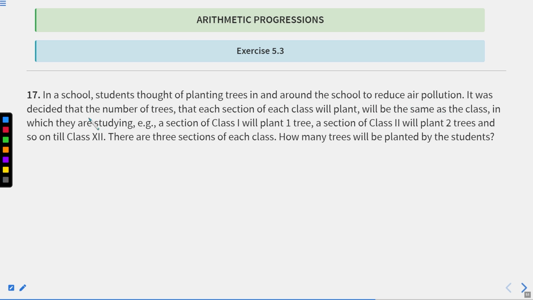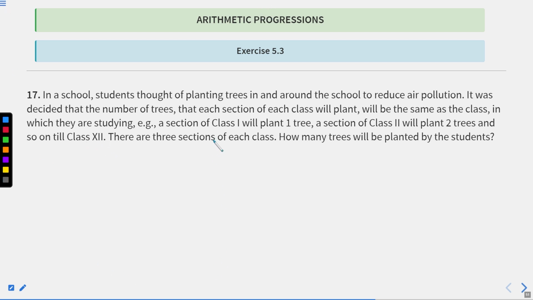It was decided that the number of trees that each section of each class will plant will be the same as the class in which they are studying. For example, a section of class 1 will plant 1 tree, a section of class 2 will plant 2 trees, and so on till class 12.